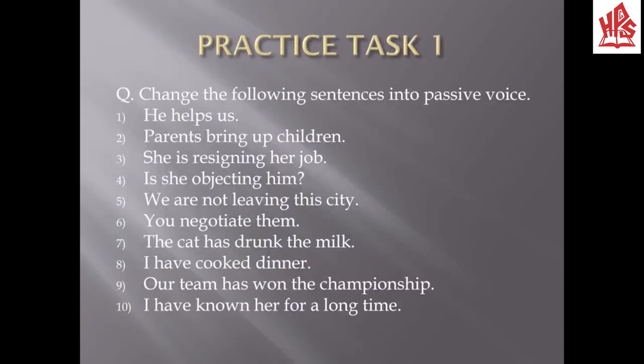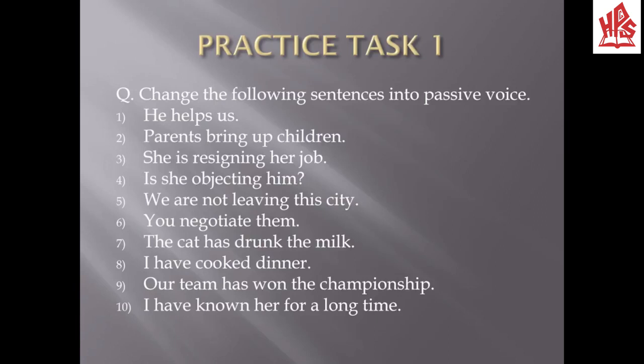Active and passive voice, practice task 1. Change the following sentences into passive voice. In this particular practice task, the tenses given to you are present simple tense, present continuous tense and present perfect tense.